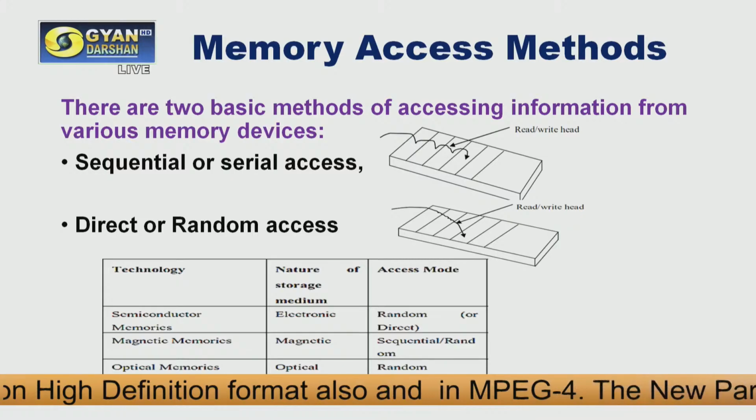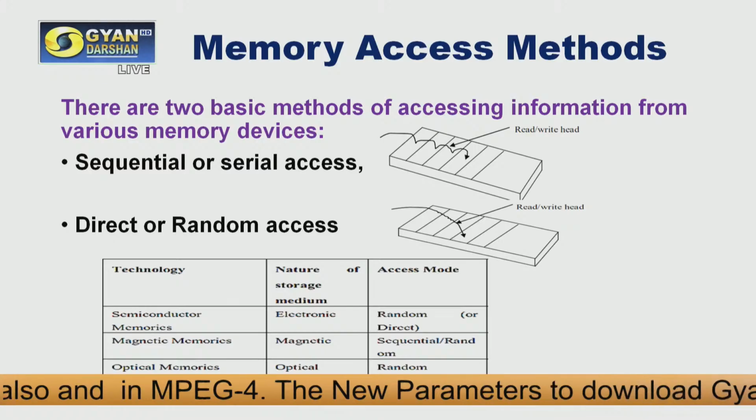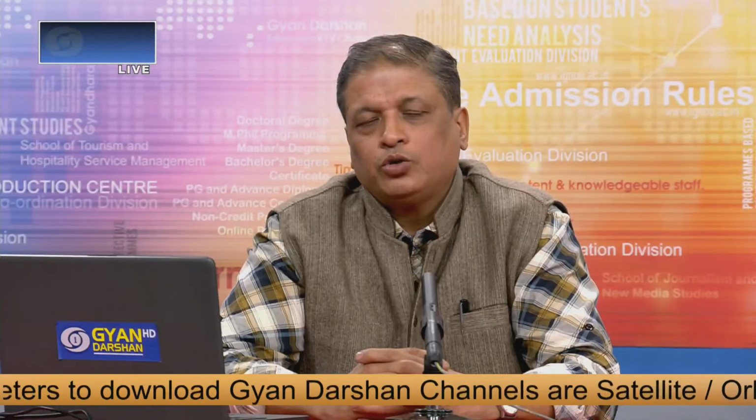Take magnetic tapes: you may recall the times when we had audio cassettes and floppy disks. With audio cassettes, you need to rewind and forward to move to a particular song. But when we use CDs, we can directly choose which track, and the read and write head can point directly to it, so we can access the data directly.